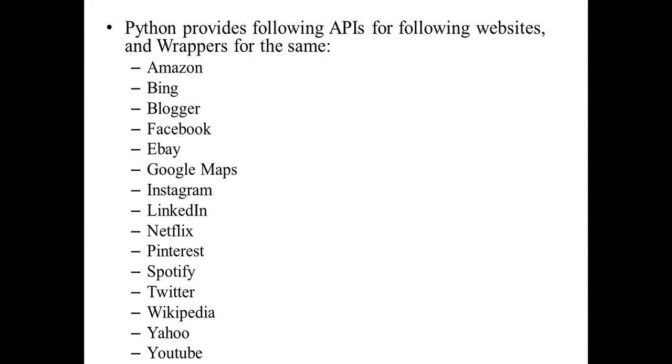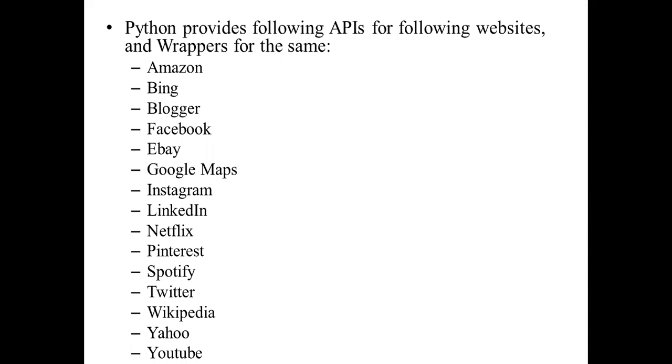So this is a list of a few of them which are most commonly used. For example, Amazon, Bing, Blogger, Facebook, eBay, Google Maps, Instagram, LinkedIn, Netflix, Pinterest, Spotify, Twitter, Wikipedia, Yahoo, and YouTube.